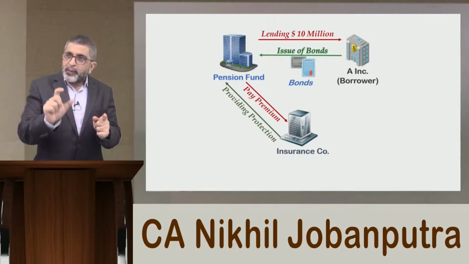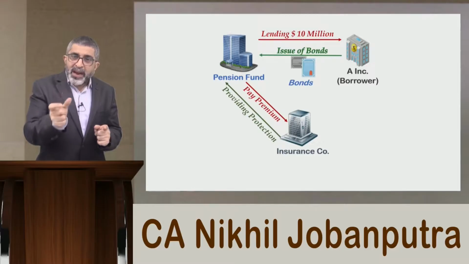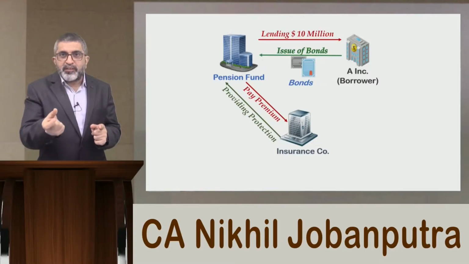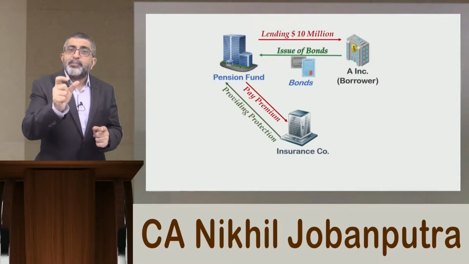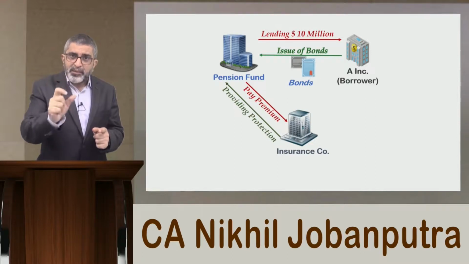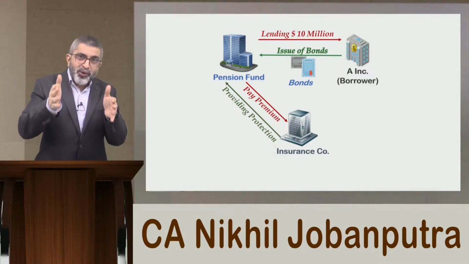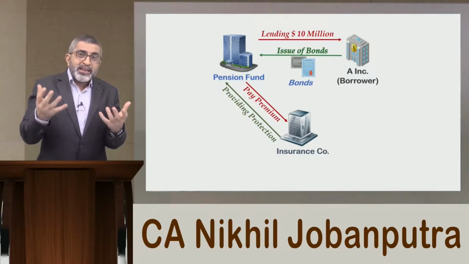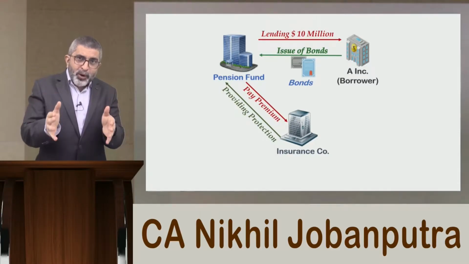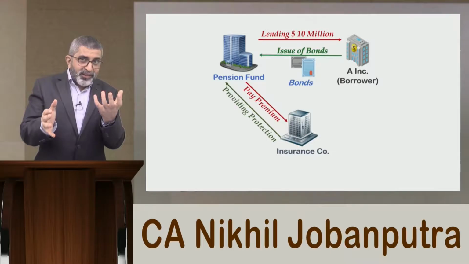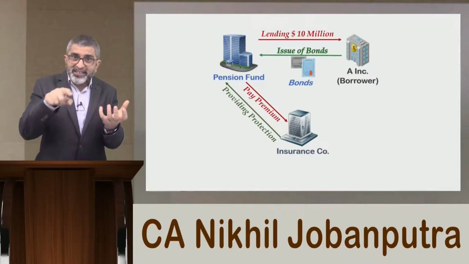Now what is happening? This premium which is paid by the pension fund to the insurance company is the price of the protection, correct? That premium is the value of the derivative contract. So a credit default swap is an example of a derivative contract where the underlying for that derivative is a credit.